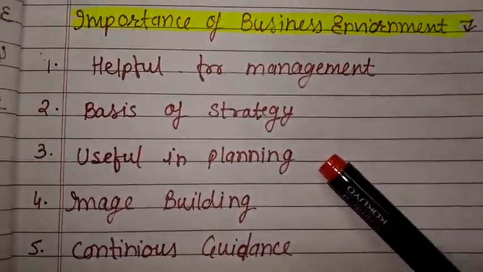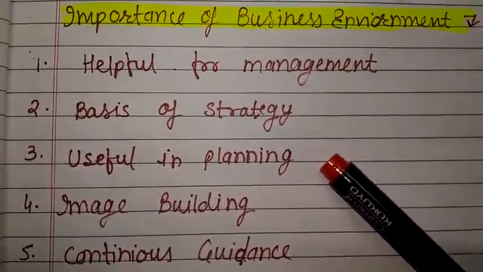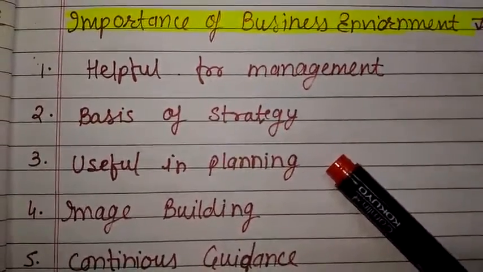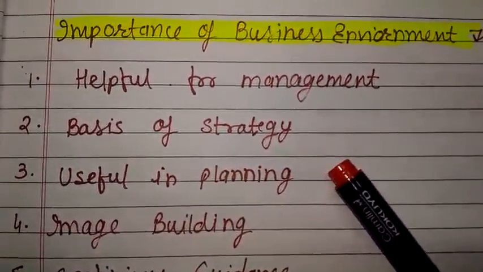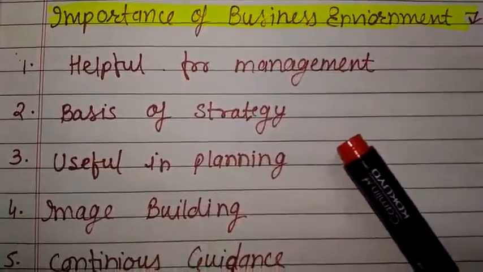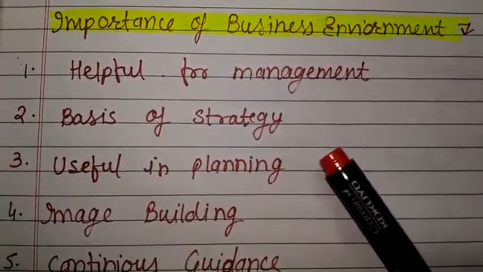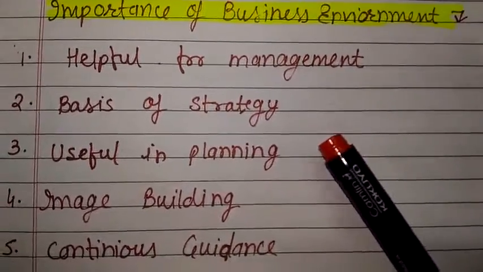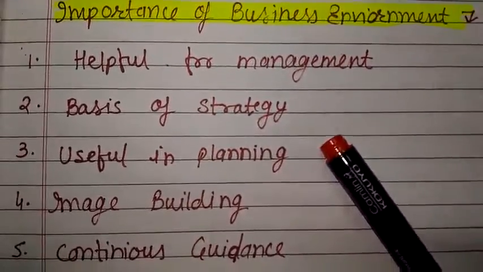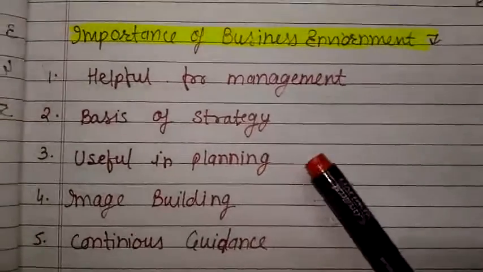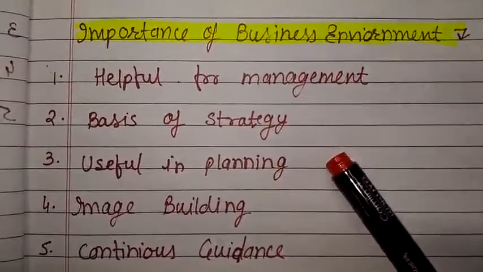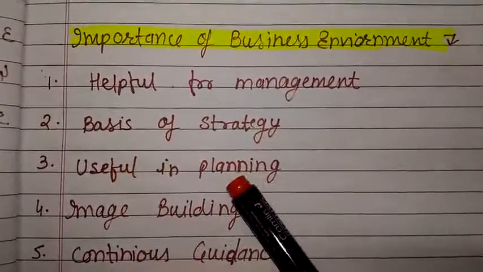Next one is useful in planning. Whenever the business has to make a plan, planning includes a number of things like deciding objectives, deciding policies, strategies, rules, methods, procedures, programs, etc. So there may be different types of planning activities.